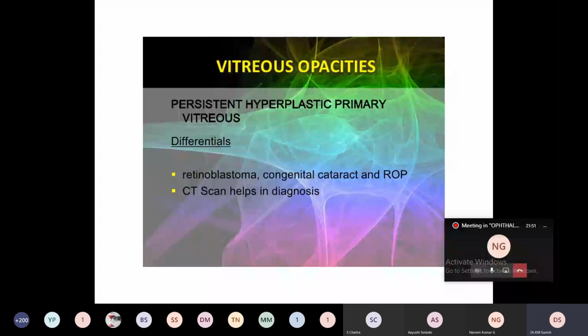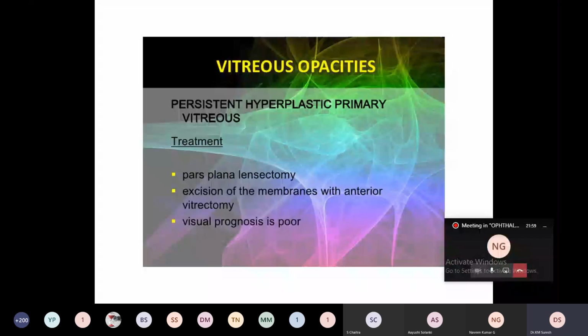CT scan can help in the diagnosis of various types of leukocoria. The treatment for persistent hyperplastic primary vitreous will be pars plana lensectomy and excision of the membranes with anterior vitrectomy. The visual prognosis is very poor in case of persistent hyperplastic primary vitreous.